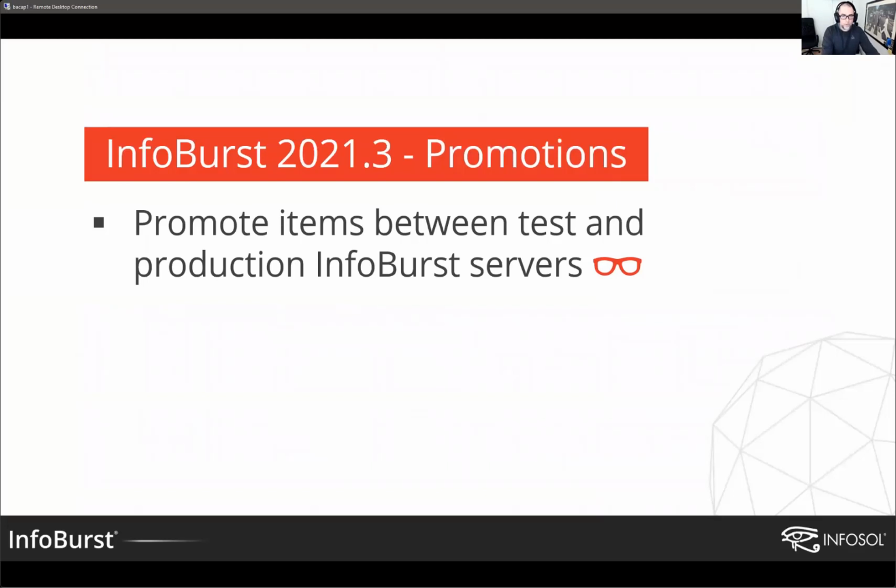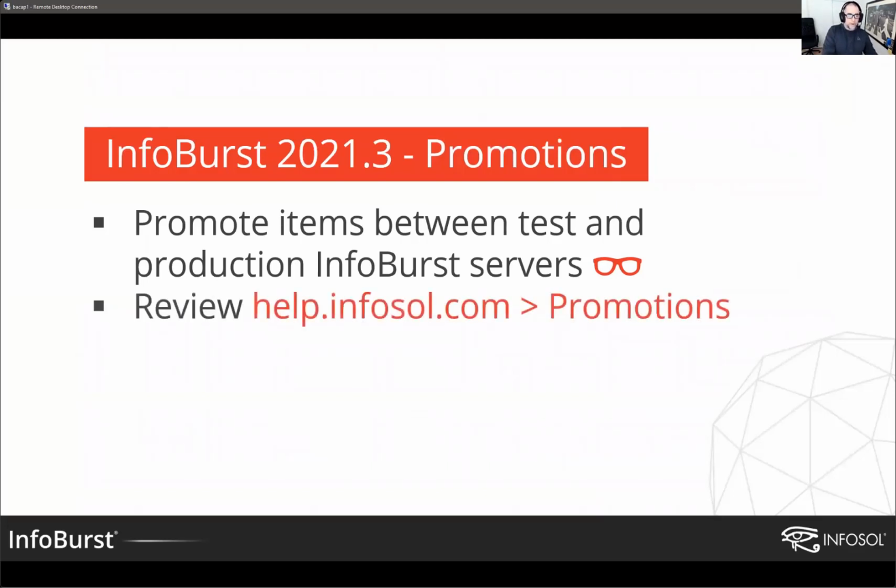So before we jump in and take a look at that, I just want to direct you to the documentation on promotions. InfoBurst is a complex beast. I don't know how else to describe it. It's got, because it's so feature rich, doing things like promoting bursts and schedules it's involved, and you need to know what you're doing.